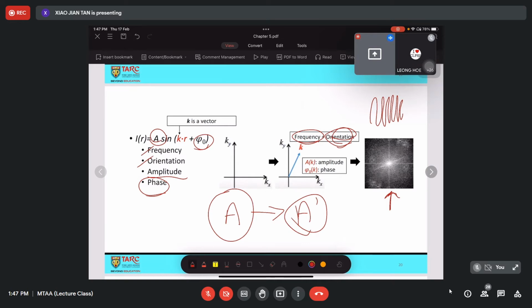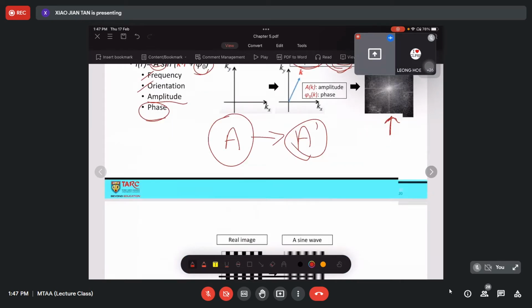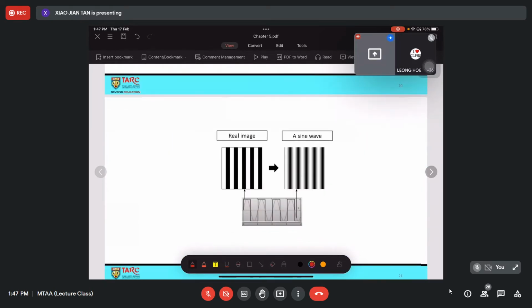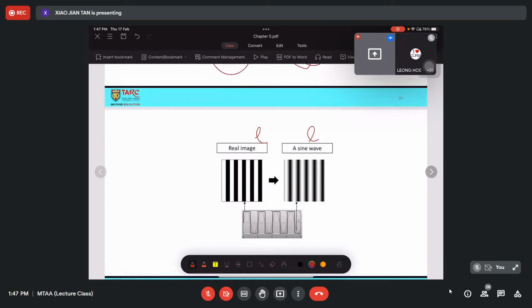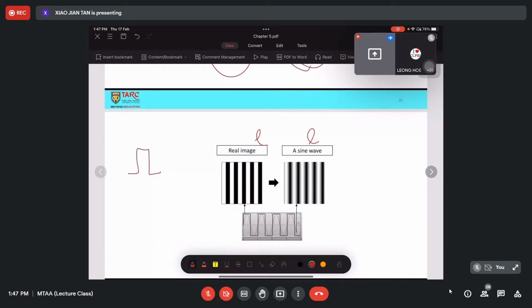Both are nearly the same, but not identical, okay? This is the reason why you have a real image. This is a sine wave. In the real case, it is like a step function. But in the sine wave, you have only this one.